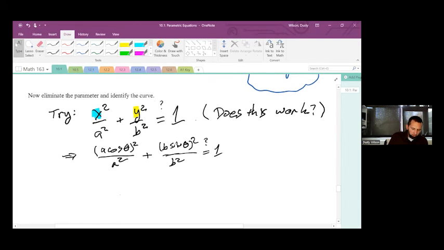And the a's and the b's are going to cancel, and we get cosine squared theta plus sine squared theta equals 1, which is always true.